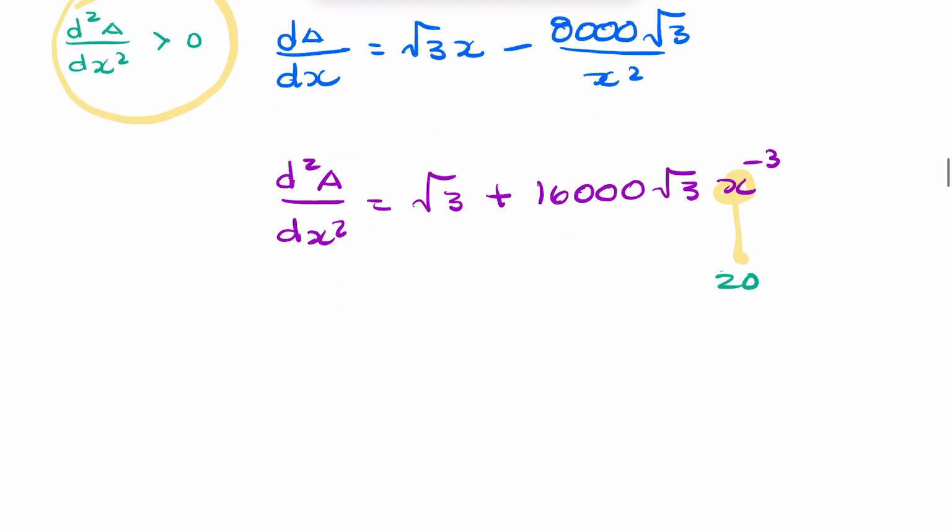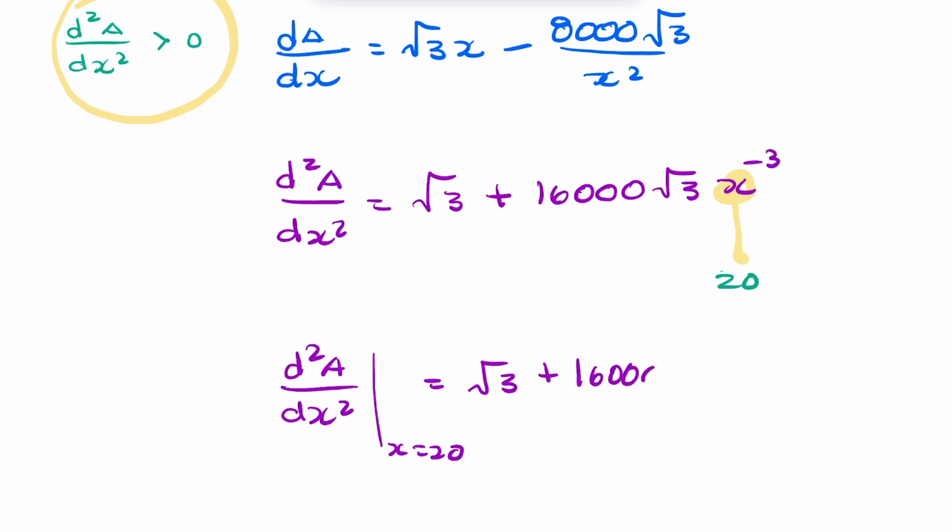So we're going to say d squared A over dx squared when x equals 20 equals root 3 plus 16000 root 3 divided by 20 cubed.